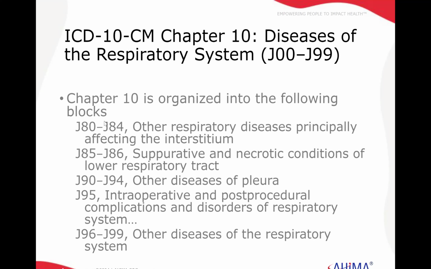Then we get outside of the lung with J80 through J84, respiratory diseases that are affecting the interstitium. And then we get into suppurative and necrotic conditions of the lower respiratory tract and so on. So this is a very useful way of putting it.